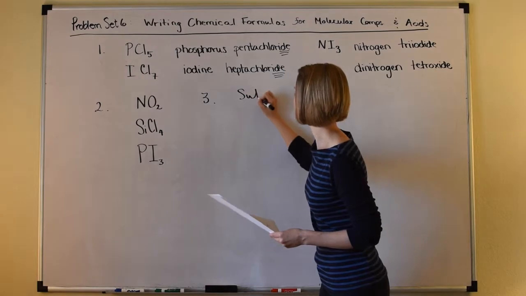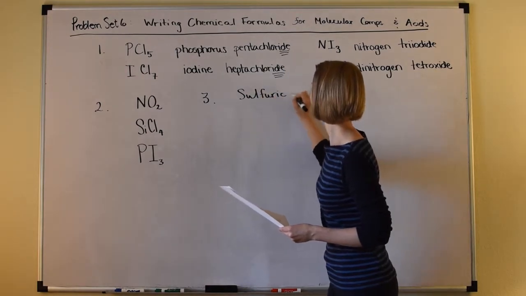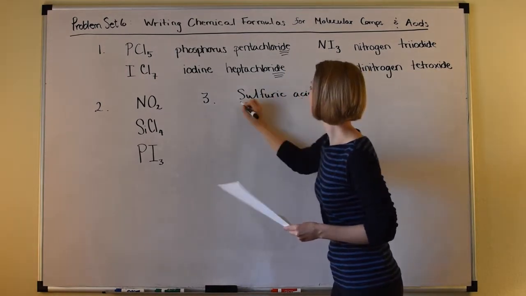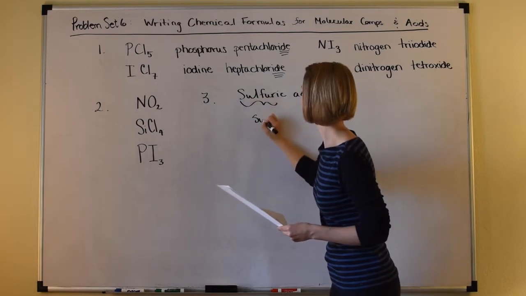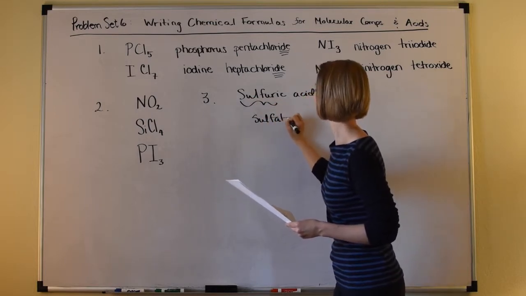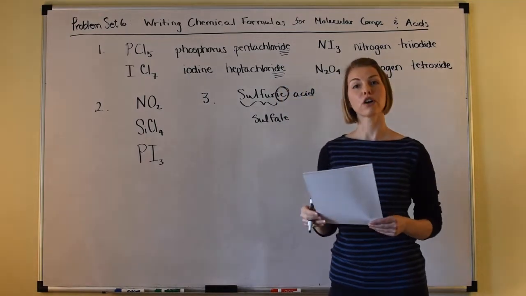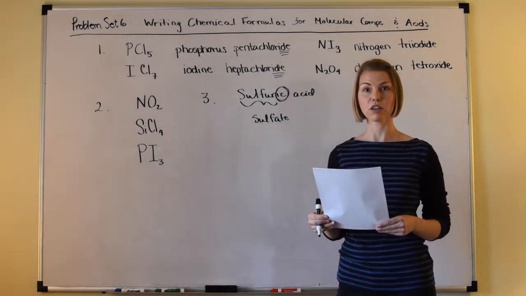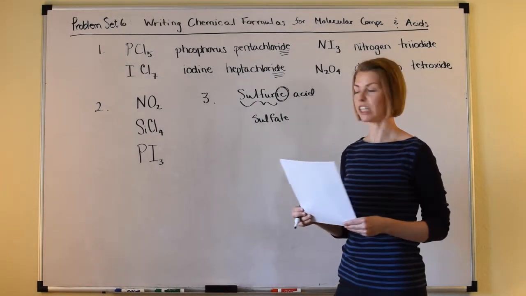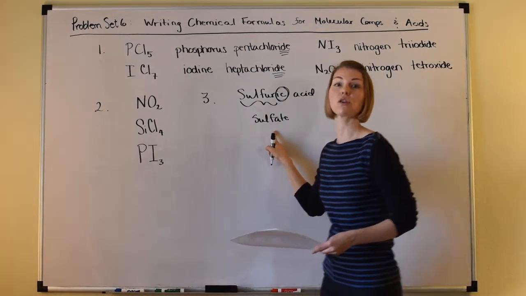In fact, I'm going to write the name. And this comes from sulfate. I know it's from sulfate because the ic ending is always going to correspond to the polyatomic ion with the ate ending. So not sulfite in this case, it's sulfate.